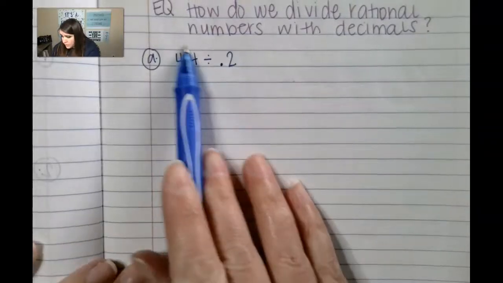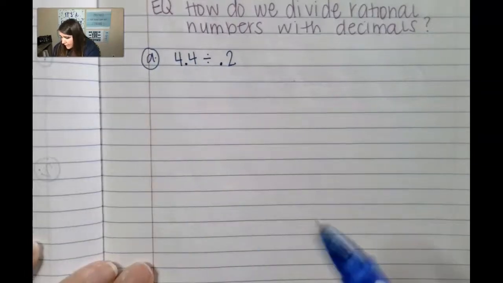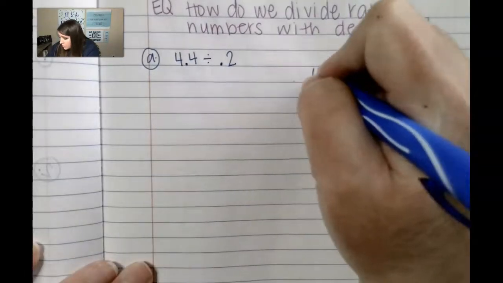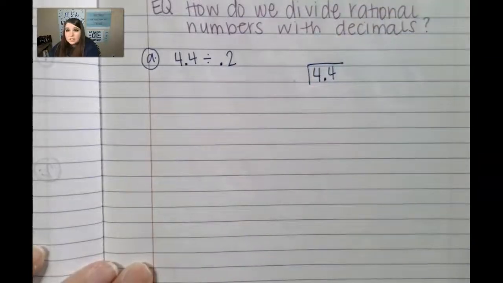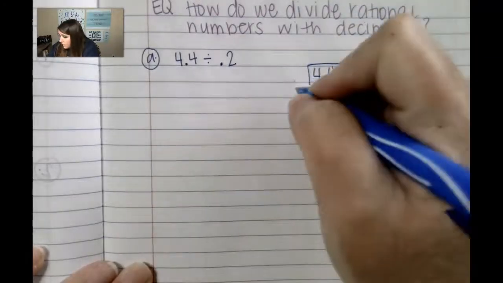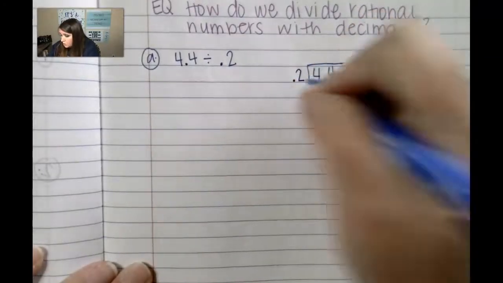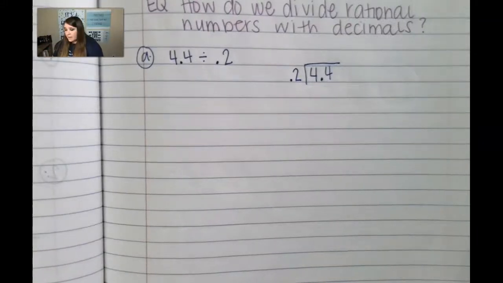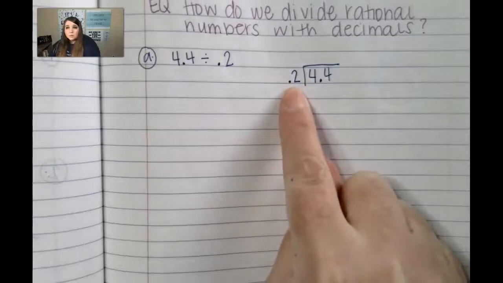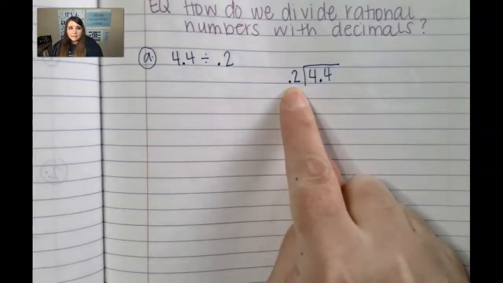This first number is the number that we are dividing, so it's going to go into the little house, or the division sign. Then we're going to put divided by 0.2 on the outside. In order to divide a decimal, if there is a decimal on the outside, we have to get rid of that decimal first.